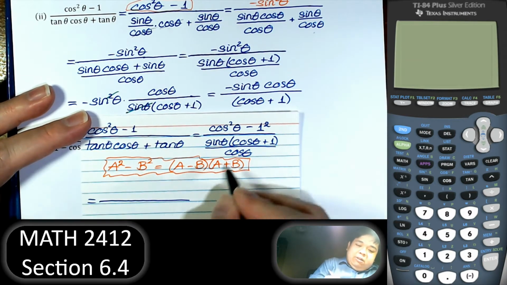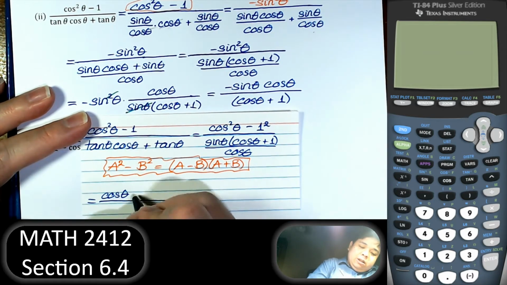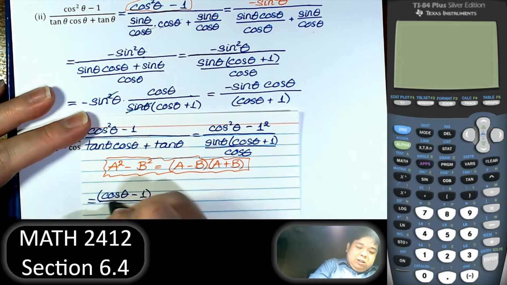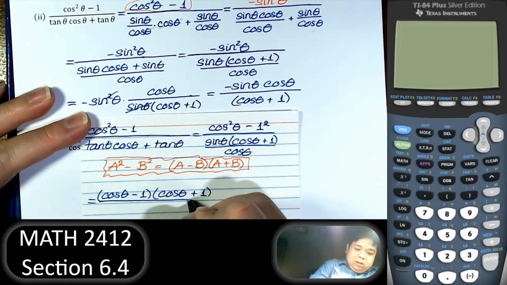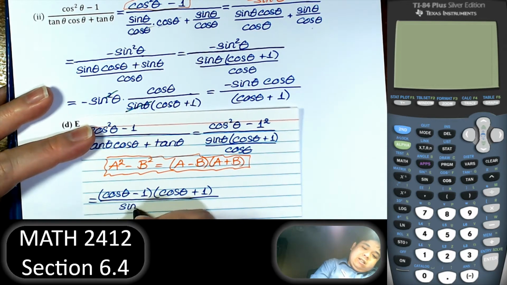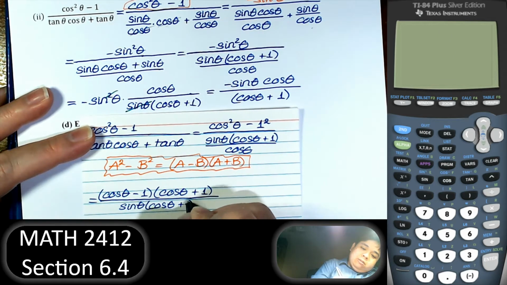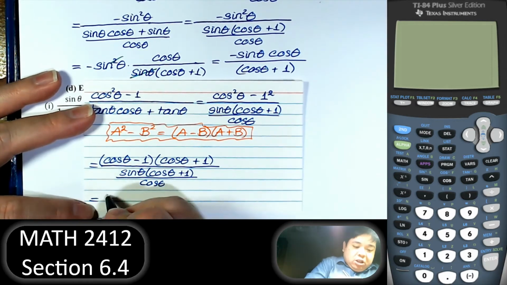And we will have cosine minus 1, cosine plus 1, over sine, cosine plus 1 over cosine. Now, multiply by the reciprocal.